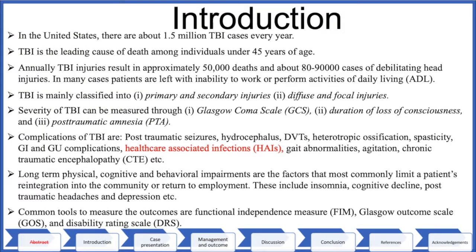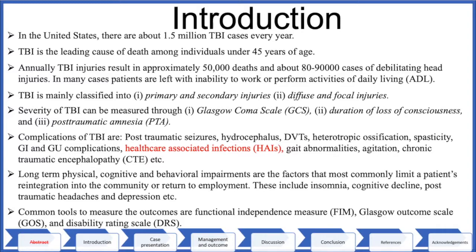Introduction. Many of you might know about TBI because I know you deal with those patients a lot here, but I thought let me still put in a little introduction, one slide. There are about 1.5 million TBI cases every year, and it is a leading cause of death among individuals younger than 45 years of age.